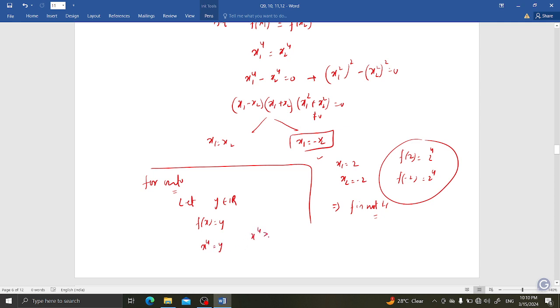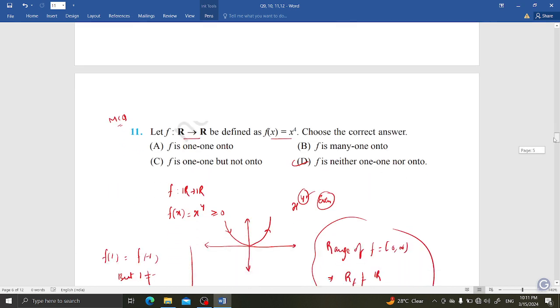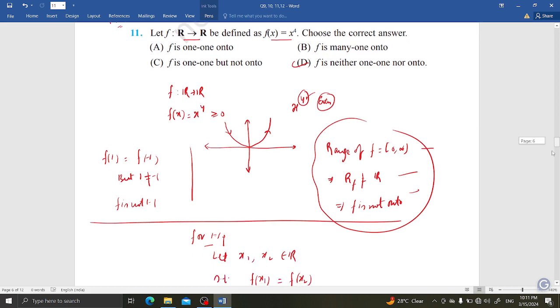As x to the power 4 is greater than or equal to 0, it implies that y also has to be greater than or equal to 0. It means only y has to be non-negative. So for negative values we don't have a pre-image, and hence f is not onto. So the option is D: f is neither one-one nor onto.